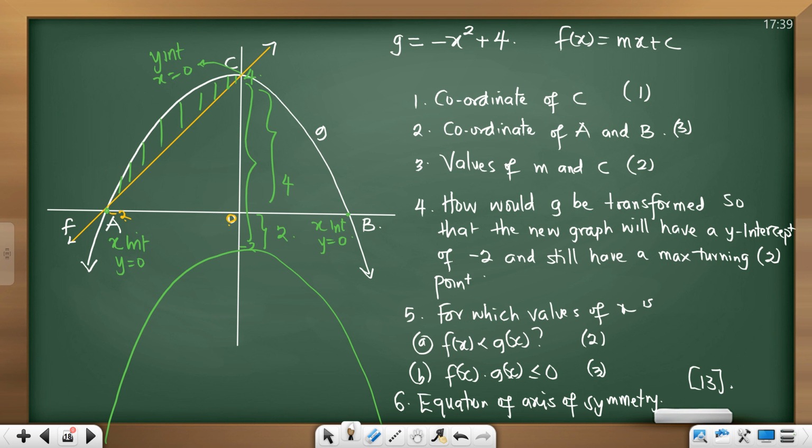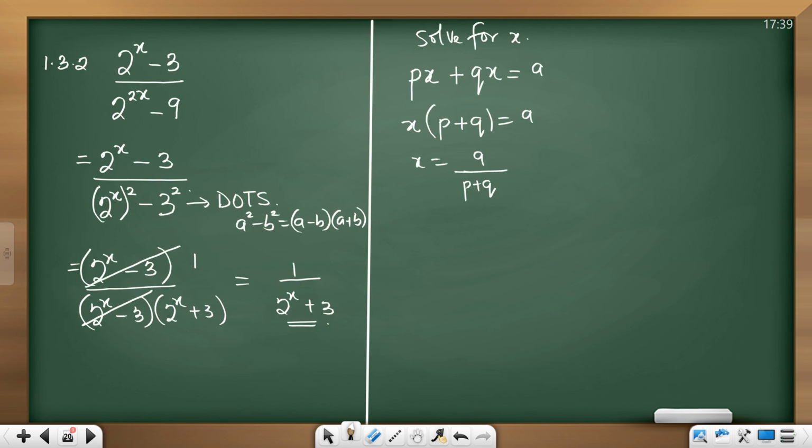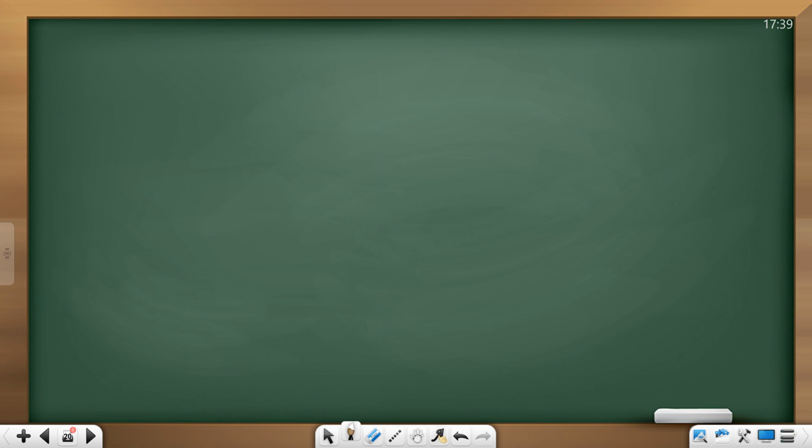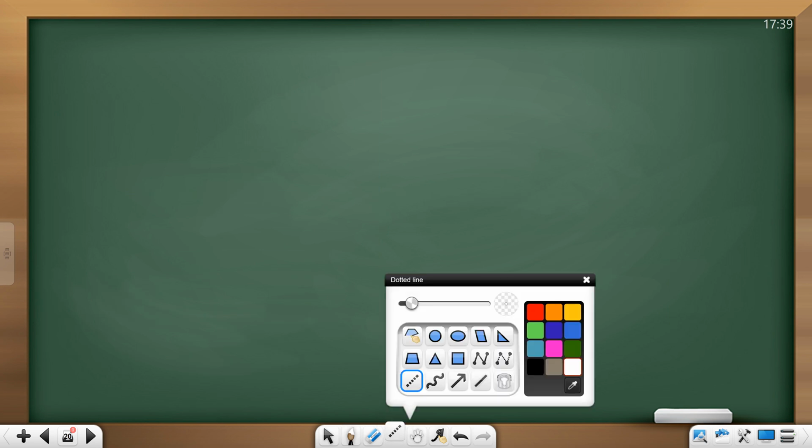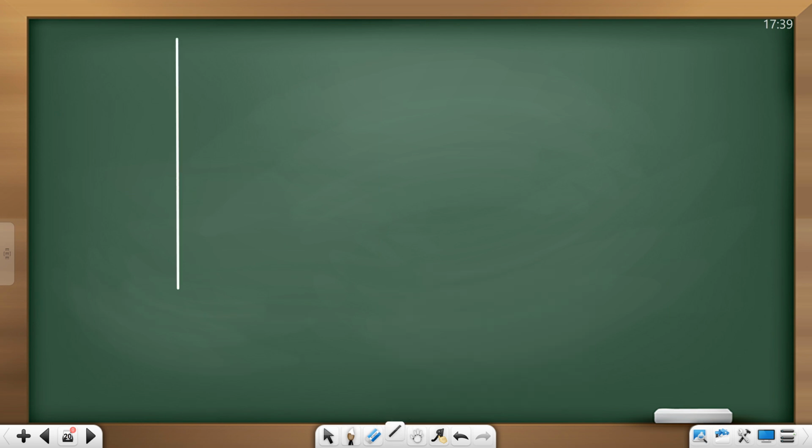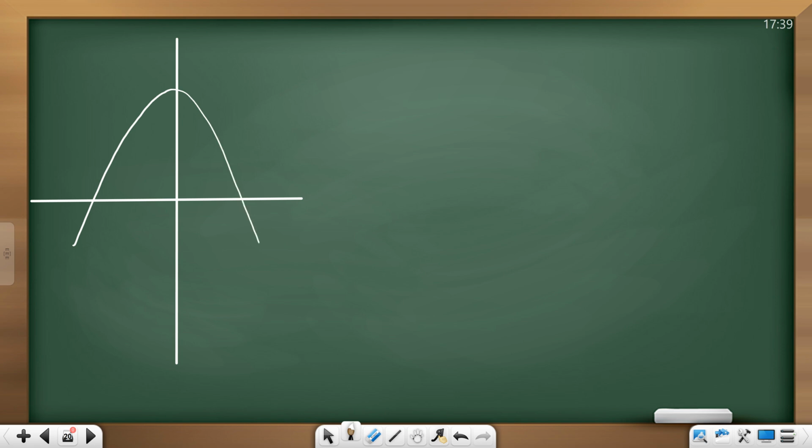Let me show you something important. The axis of symmetry actually passes through the turning point. So take note of what I'm going to show you here. If I have a graph like that, all right, grade 10 is quite straightforward. That is my turning point.